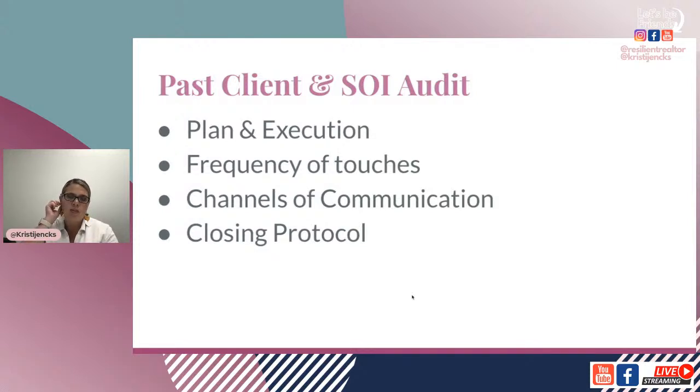I give the example all the time of my mom. I think she now has over 500 unread text messages. I don't even know how that's possible. And her email just now deletes emails because she doesn't open them. So if you were my mom's agent, your best chance of getting through to her in a meaningful way would be to send her something in the mail, because she's convinced she's going to win Publishers Clearinghouse, and so she opens every bit of mail.